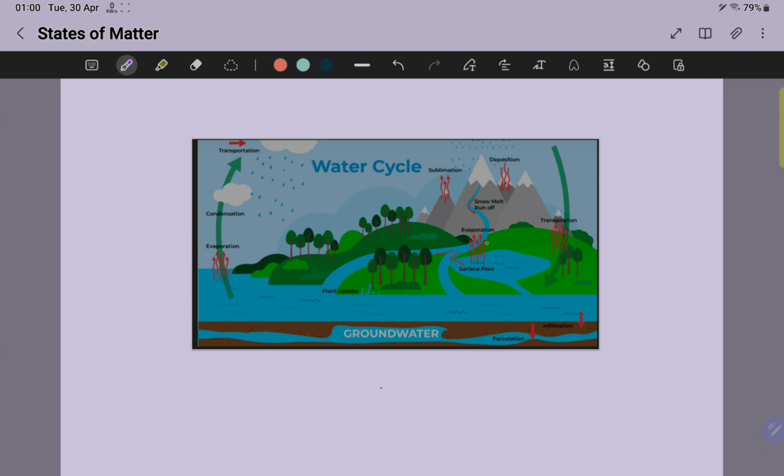On melting of these glaciers, the solid ice or the solid snow changes into water due to heat. This is called the process of melting.